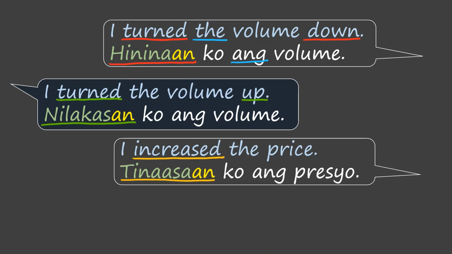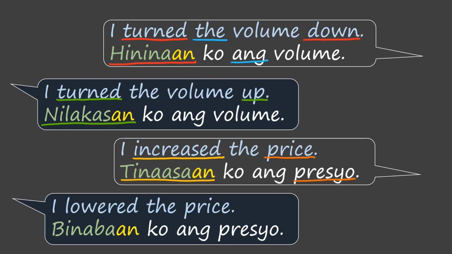Increased, tinaasan. Price, presyo. I lowered the price. Binabaan ko ang presyo. Lowered, binabaan. Again, the verbs that you see here use the suffix an.